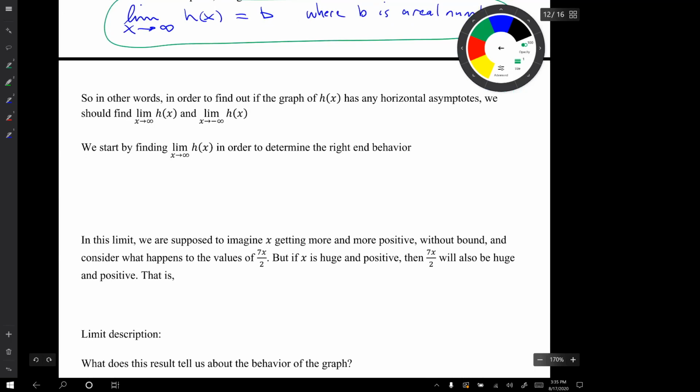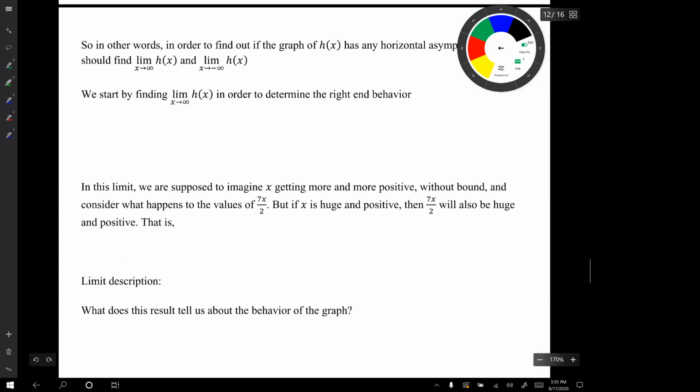So in order to find out if the graph has any horizontal asymptotes, we should find the limit as x goes to infinity of h of x, and we should also find the limit as x goes to negative infinity of h of x. So let's start by finding the limit as x goes to infinity in order to determine the right end behavior.